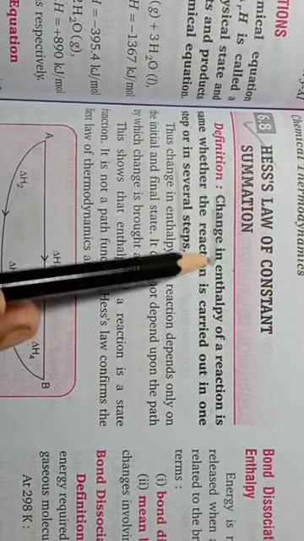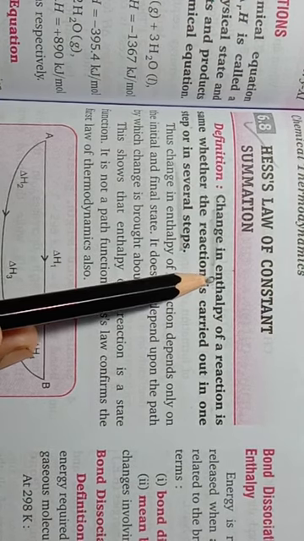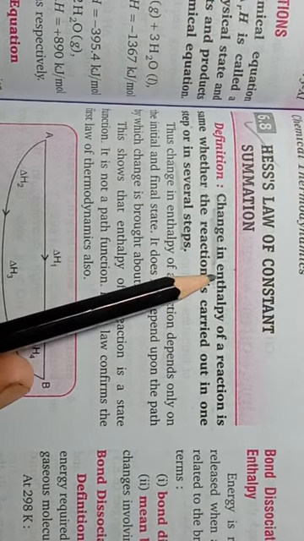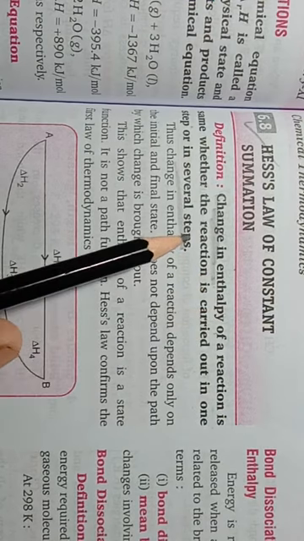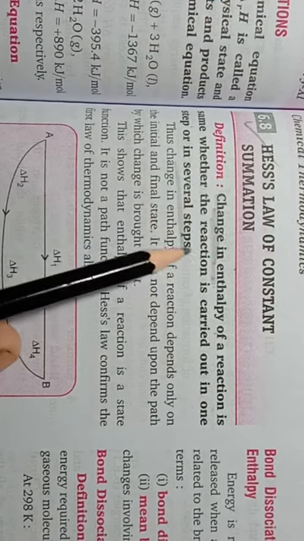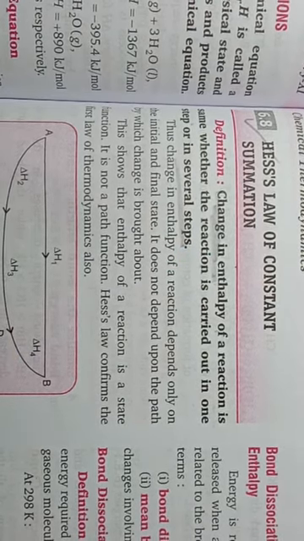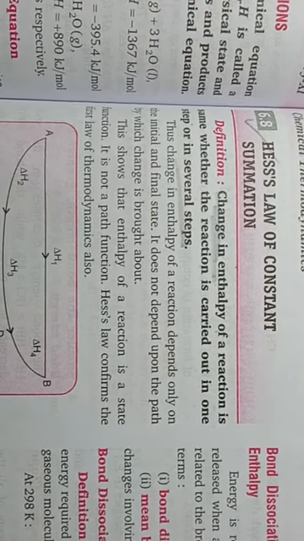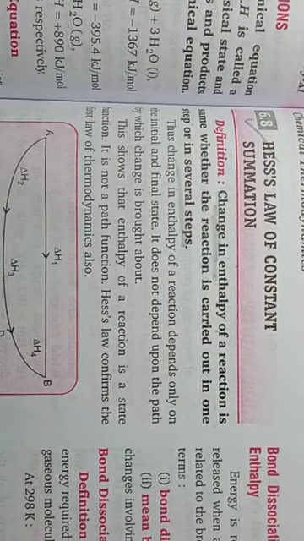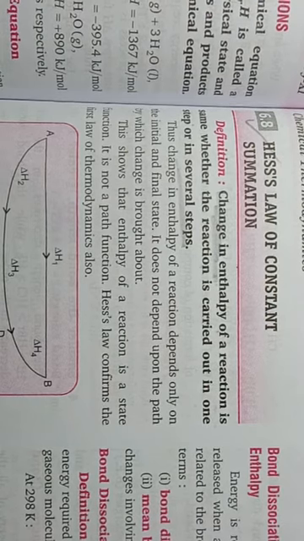So the change in enthalpy will remain constant, whether the change is done in one step or in a number of steps. This is Hess law, which is also known as the constant heat summation law.